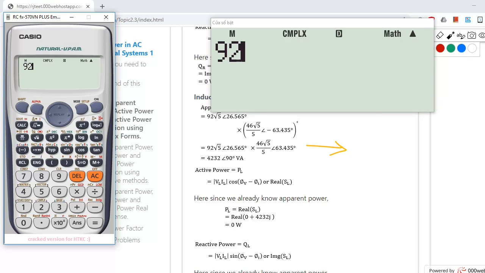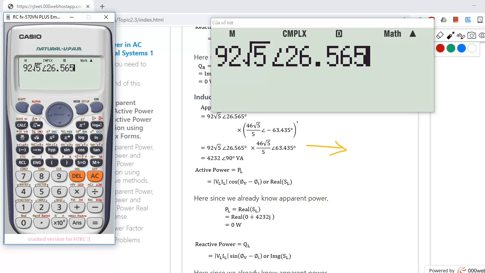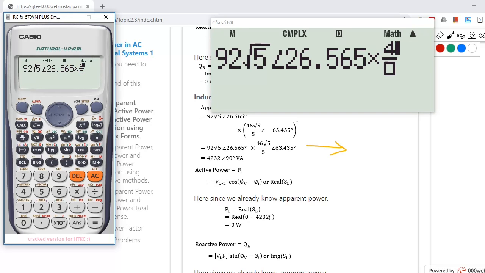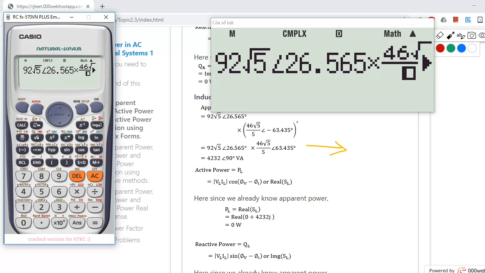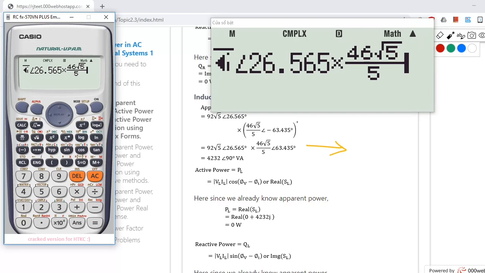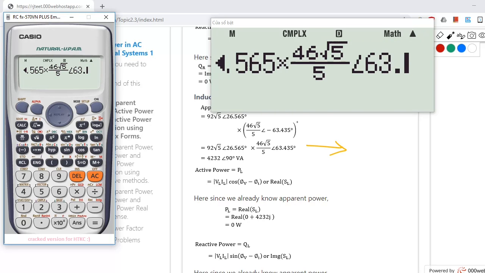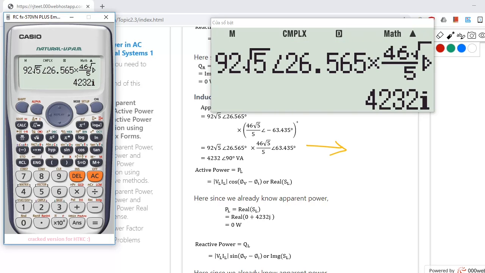So it's 92 root 5. The angle is 26.565. Multiply 46 times root 5 divided by 5, and the angle is 63.435.